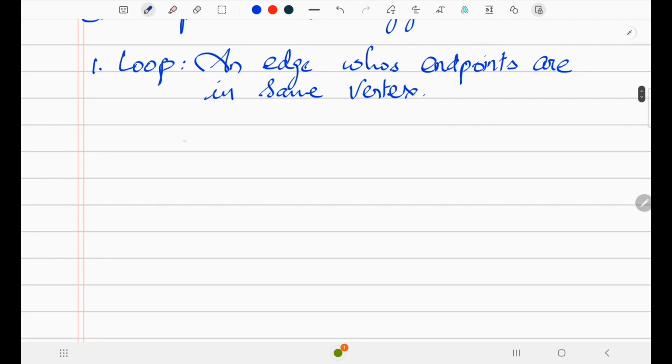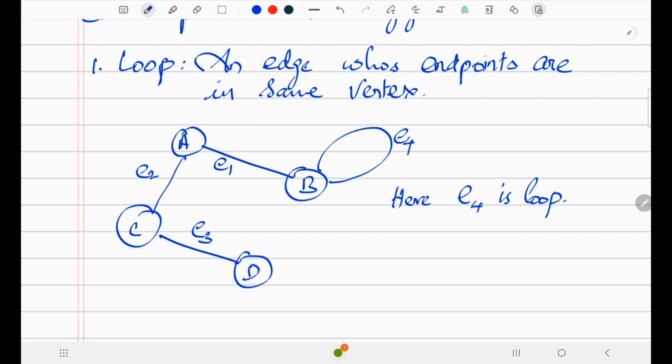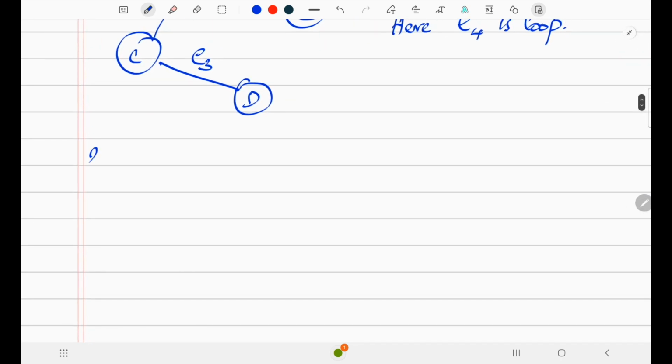That is called a loop. For example, I have a graph with four nodes A, B, C and D. At vertex B, there is an edge that starts and ends at the same vertex B. So here E4 is a loop. If you see E1, E2, E3, the endpoints are not the same, but here the endpoints are the same, E4.